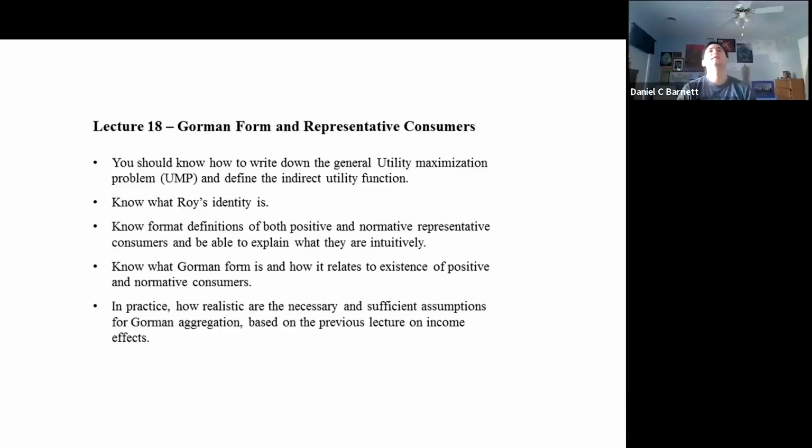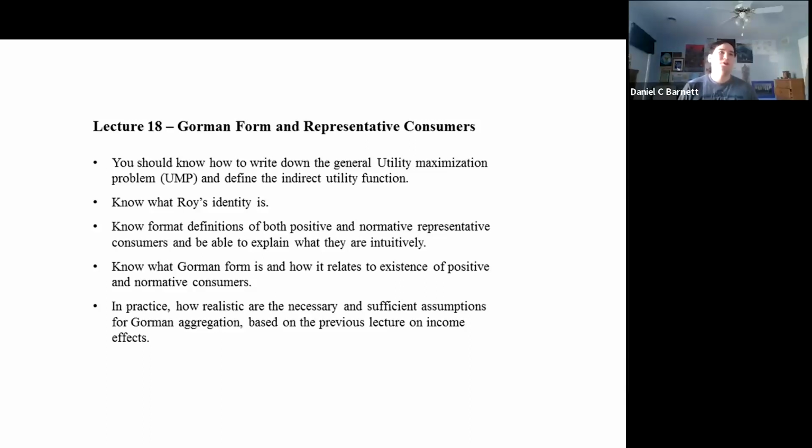So the idea is you're trying to treat the entire economy as a single person. So a positive representative consumer is, at any given level of wealth and input, the way to maximize utility is to spend your wealth the way that consumer would, and then distribute that to the people in some way.